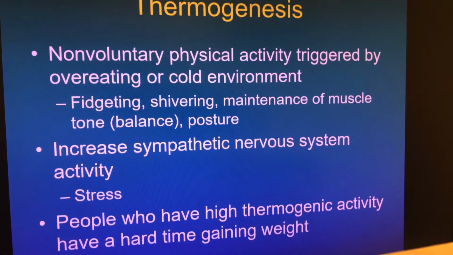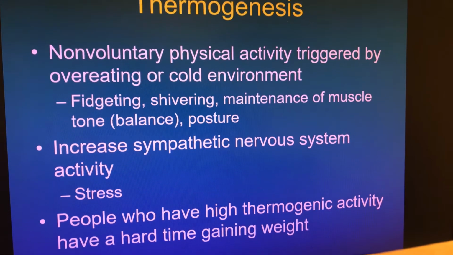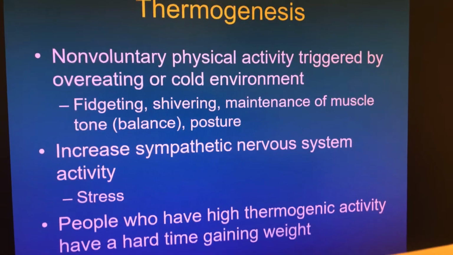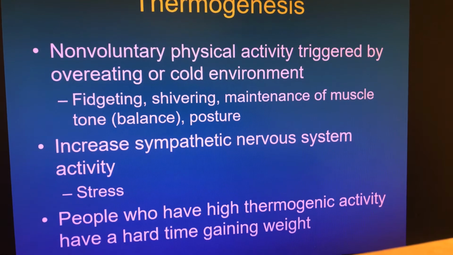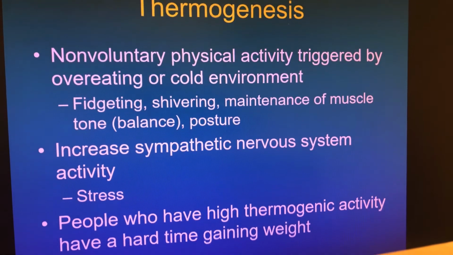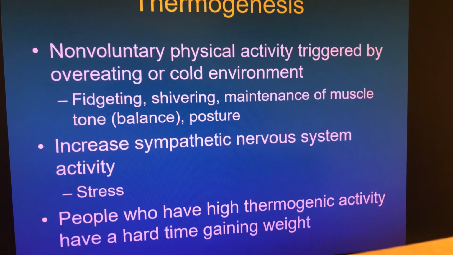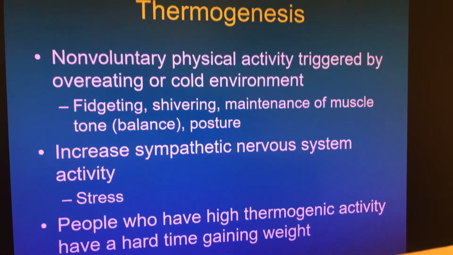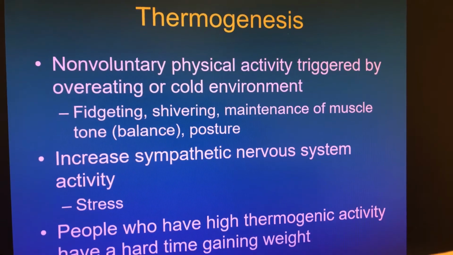There are some people who have a high sympathetic nervous system tone. I think of people who tend to be really lean. I have a friend whose eyes are always wide open. It looks like she's always ready to jump up and do something. She has a high nervous system tone, and she'll burn more energy off as heat.